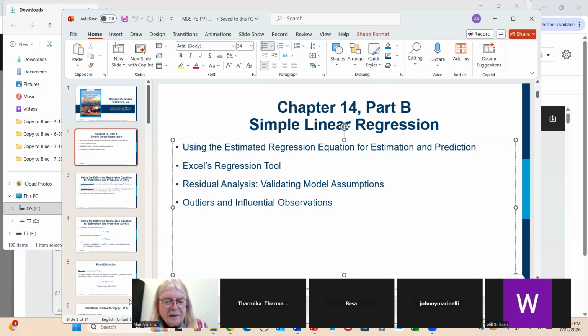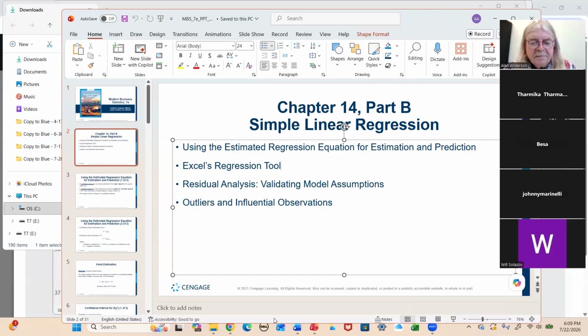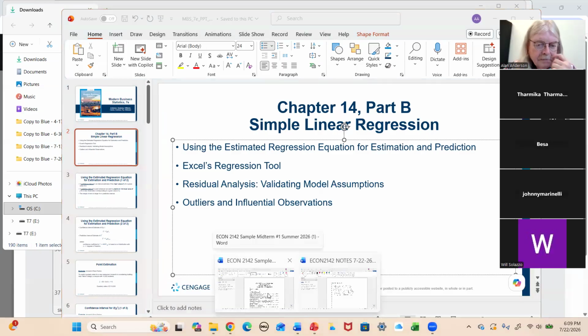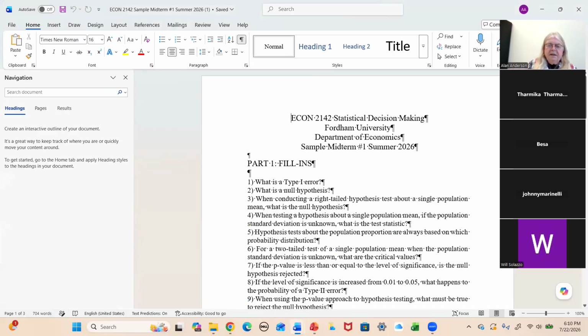So right now, let's get back to this sample midterm. By the way, these sample midterms were written for the in-person class.